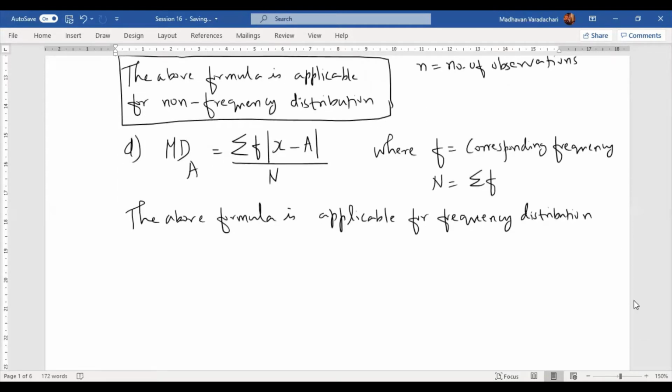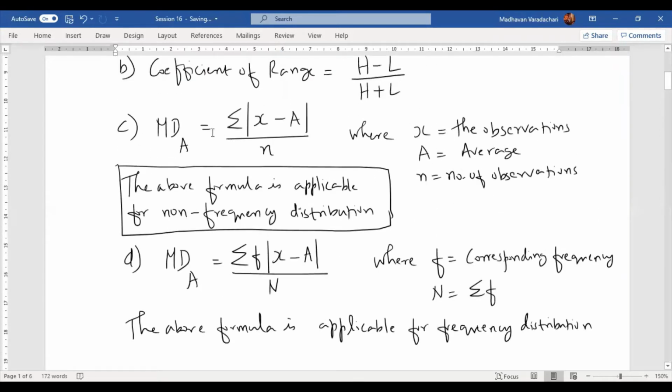Right. So we saw two different formulas for mean deviation about an average.